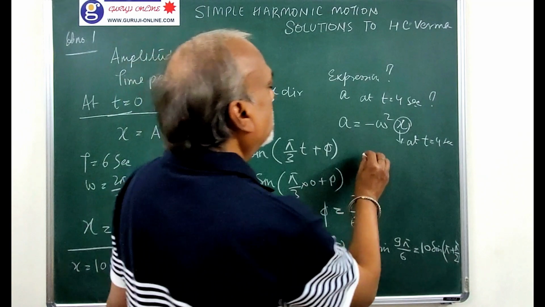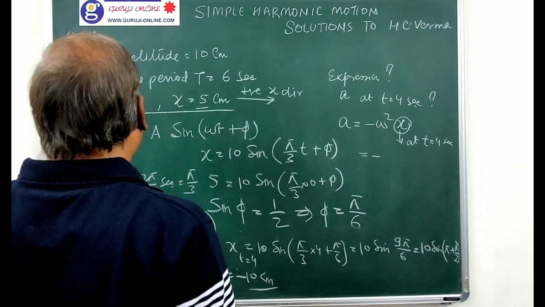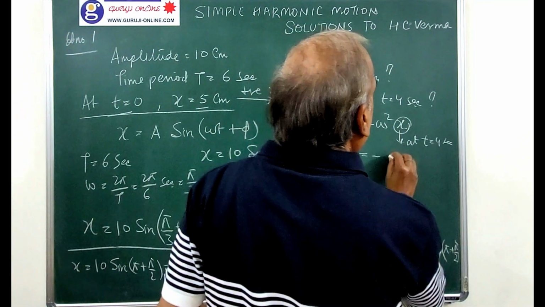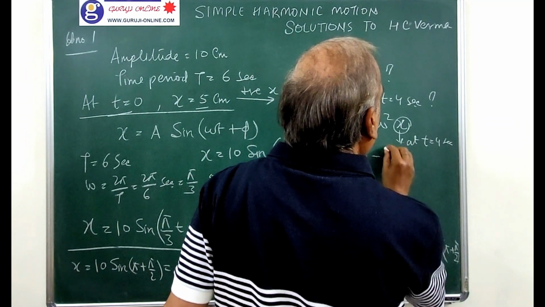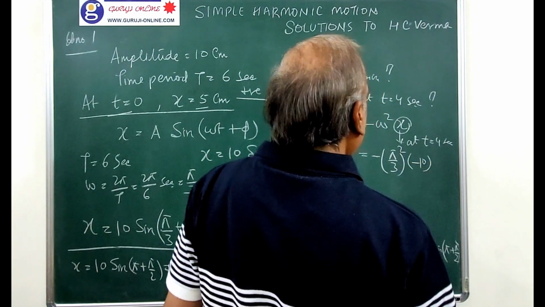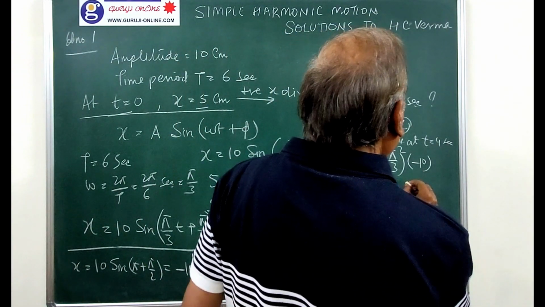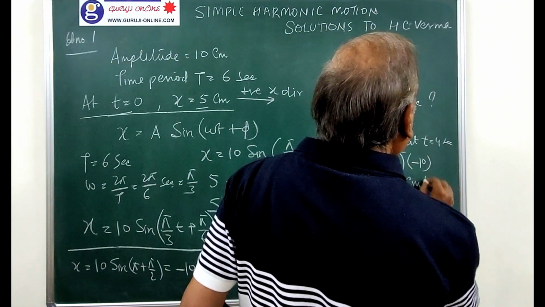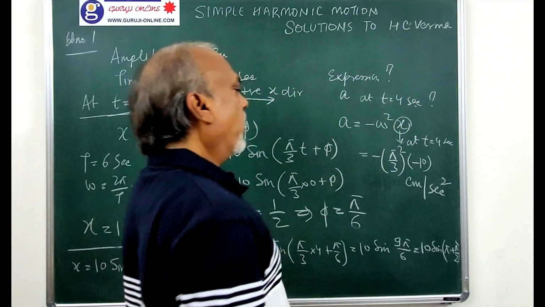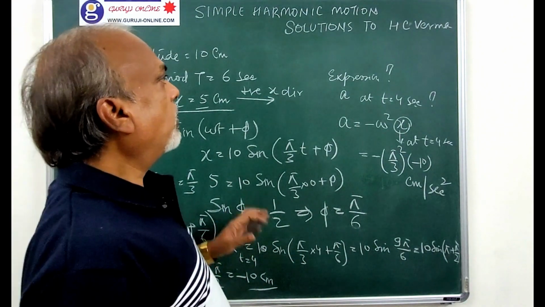So this x we can use, omega is here, omega is your 2 pi by 6 or pi by 3. So a is minus pi by 3 whole square into minus 10. Correct? This you can calculate, and this will be in centimeter per second square. Correct? So this is how you can solve question number 1.